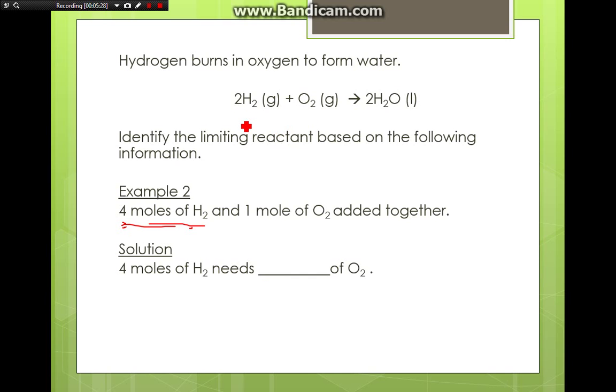So for 4 moles of hydrogen, I will need 2 moles of oxygen. Then we compare. I needed 2 moles of oxygen, but I've only mixed 1 mole of oxygen to the mixture. I've added insufficient oxygen. In other words, the oxygen will be used up first. Oxygen is the limiting reactant in this mixture. The hydrogen is in excess.